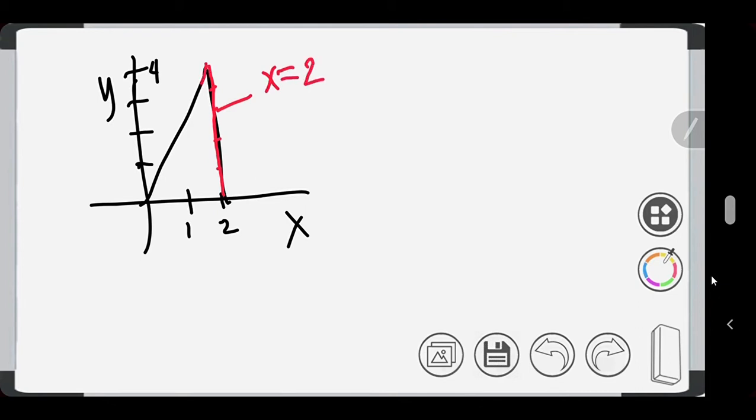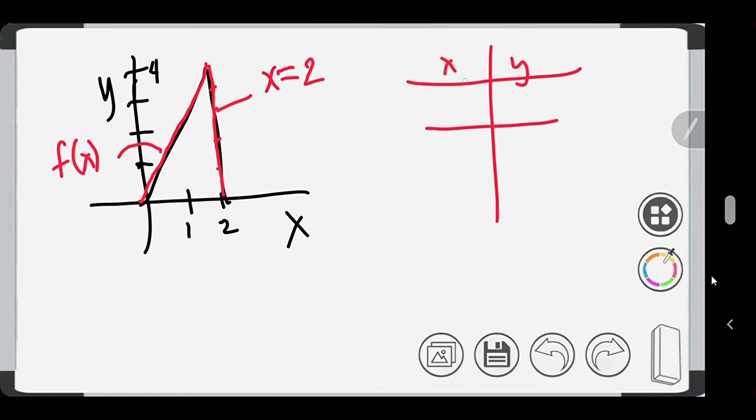Now, what about this equation right here? How do we find the equation of that line? To learn more about finding the equation of a line, see my other videos. However, in this line, we can set values for x and for our y. What if our x is equal to 0? Our y is 0.